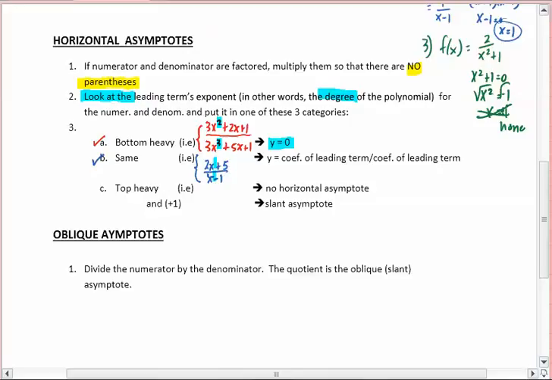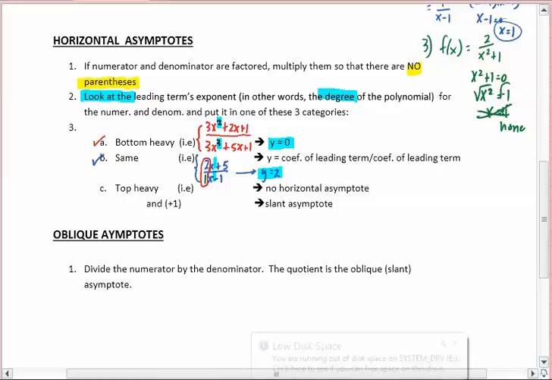So if that's the case, here's what we do. We pull off the coefficients of those leading terms. What is the coefficient of the bottom one? Well, there was a 1 understood to be there. So I pull off the coefficients of the top and the bottom, and in this case, y is 2 over 1, which is 2. So there is my horizontal asymptote if the numerator and denominator's degrees are the same.